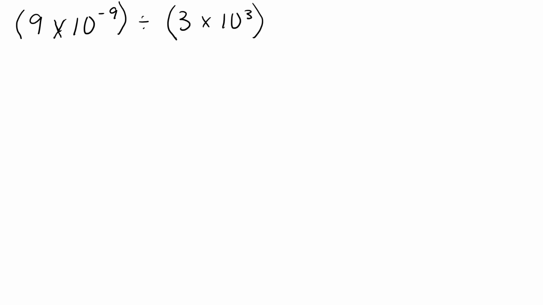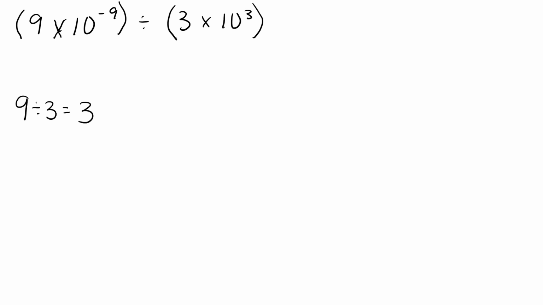For number 16, we have the problem 9 times 10 to the negative 9th. And we're going to divide that by 3 times 10 to the 3rd. Just like when we multiply, when we divide we do not write our numbers in standard form. We can simply divide 9 divided by 3, which is 3.